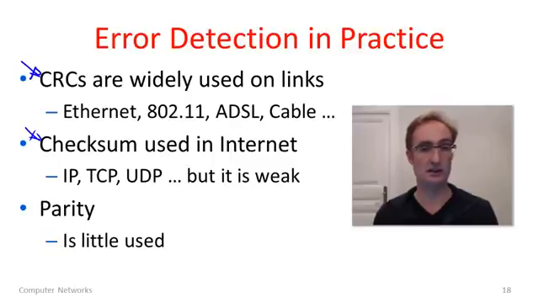Compared with CRCs, though, while they're simpler to compute, they're weaker. And I would hazard to guess that if the internet were being designed today, stronger forms of checksumming would be used. Finally, there's parity, which serves as a good motivating example for us to work through, but it's little used in practice because we can usually afford more sophisticated schemes for error detection.